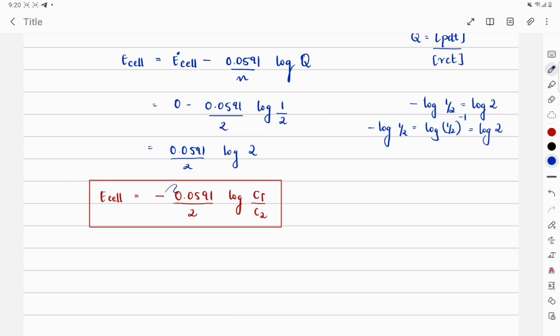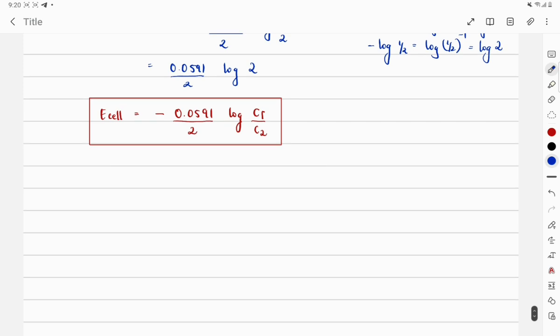Or in this case, we can just rewrite this one. This can be E cell is 0.0591 divided by 2 log, taking reciprocal because I'm going to cancel the negative, C2 by C1.